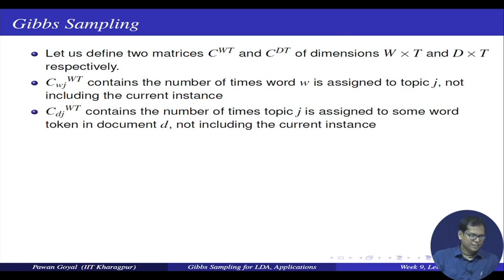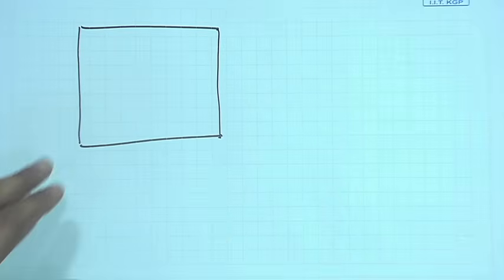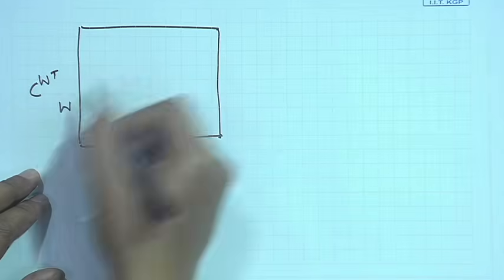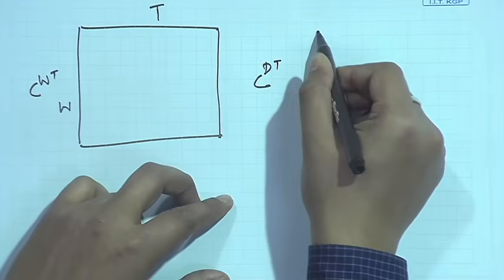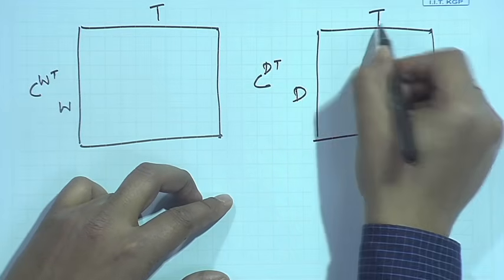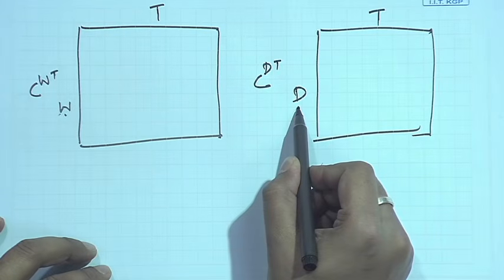One is C_WT of dimensions W times T, another is C_DT of dimensions D times T. So what are these matrices? One is C_WT, W times T, and next is C_DT, D times T. T is the number of topics, W is the number of words, and D is the number of documents.